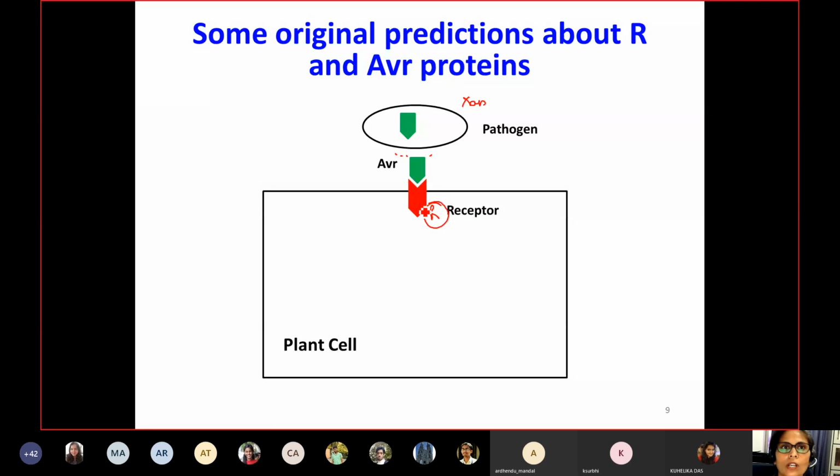So this was their proposition. Because of that, they have something like a signaling pathway, and this kind of idea they got from the receptor signaling pathway.